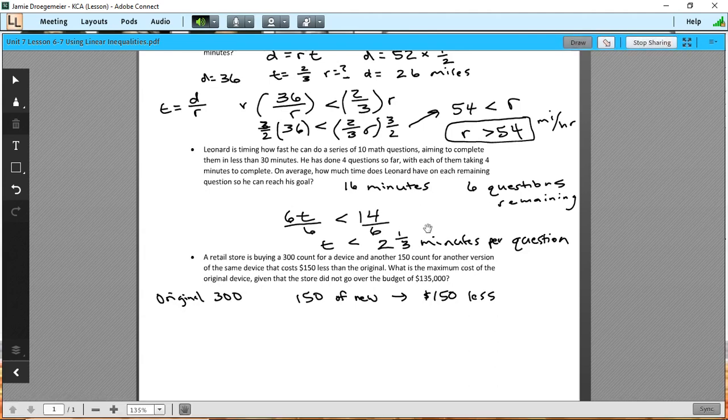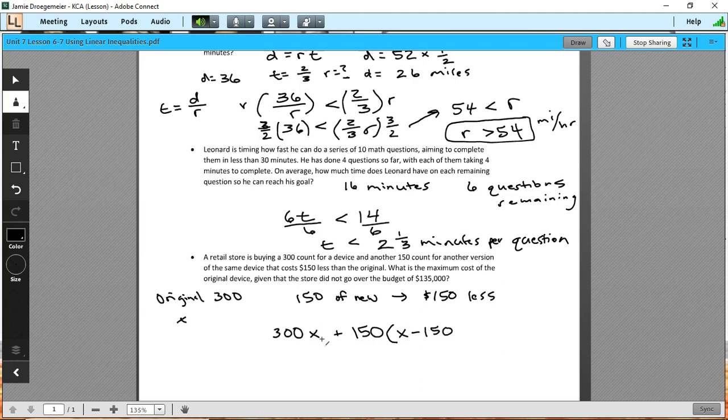Our original device, we'll call it x. We know that they bought 300 of those. So 300 times whatever cost for this original device. And then they also bought 150 of the new device, and we know that it costs 150 less than the original.